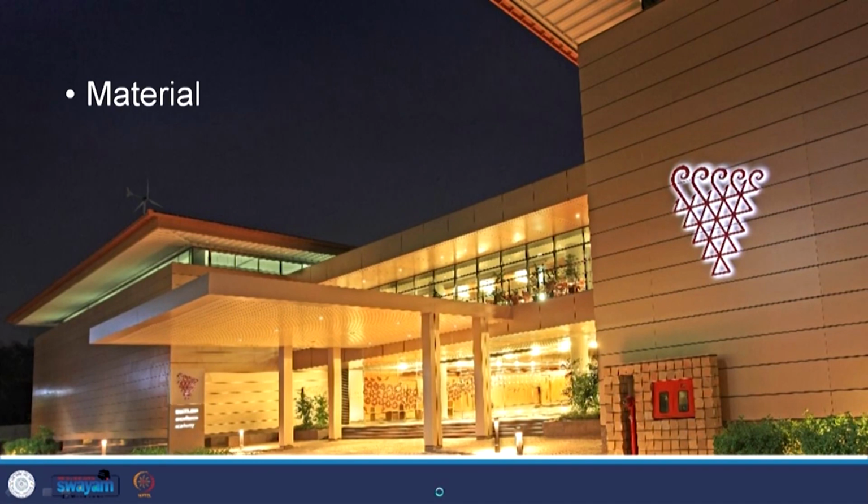The second important aspect is the use of materials. This particular building is constructed on a hillside, hillock, and the material which was used in the building was the one which was excavated from the site itself, not 100% of it, but a large part of the building material came from the site itself.